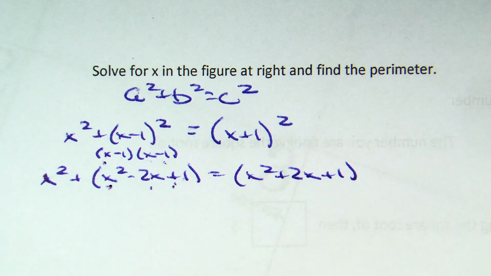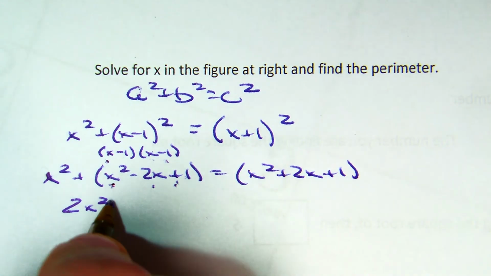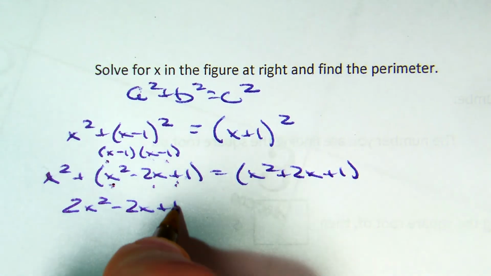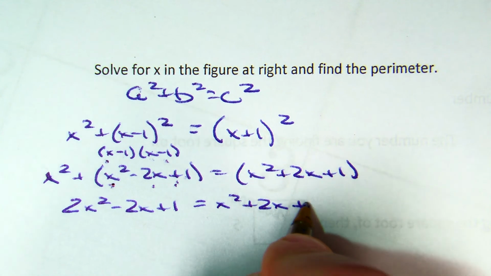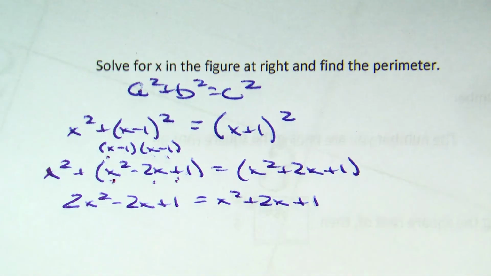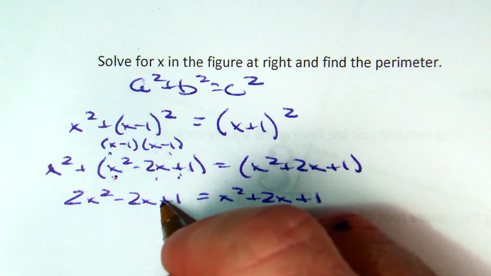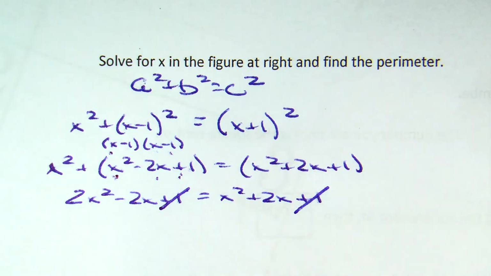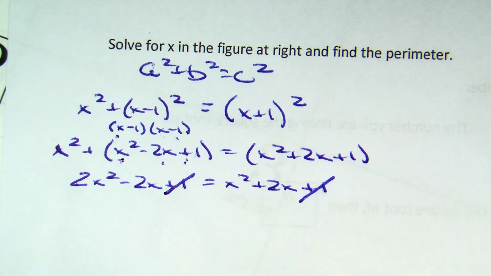Now I'm going to collect like terms. 2x squared minus 2x plus 1 equals x squared plus 2x plus 1. What do the plus 1s do to each other right away? Cancel out. Now, my recommendation is set it up so that the x squared term is positive.